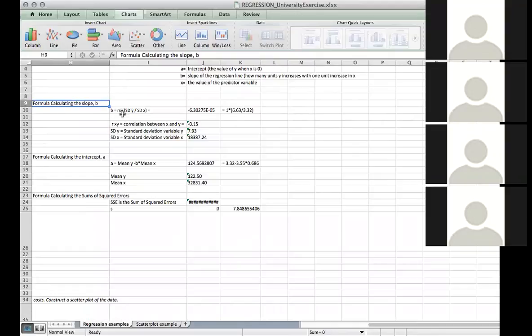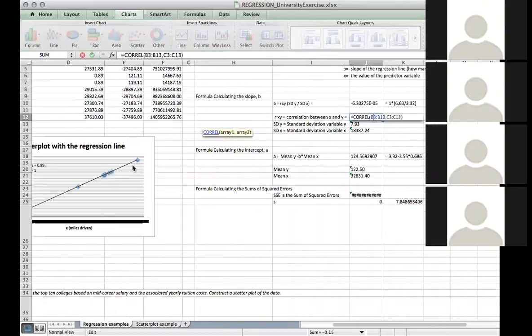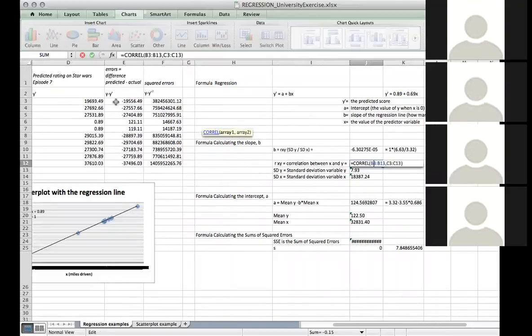So the formula for the slope is Rxy, that's the correlation, times the standard deviation of y divided by the standard deviation of x. So first we have here the formula that calculates the correlation, right? Correlation B3 to B13, that's here.